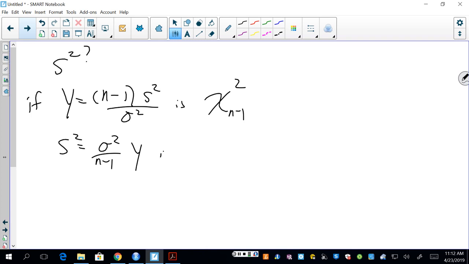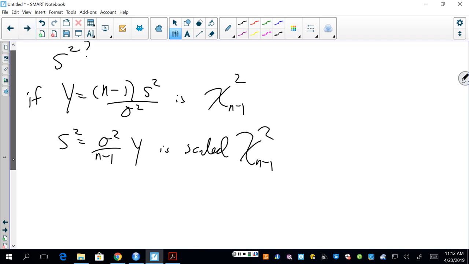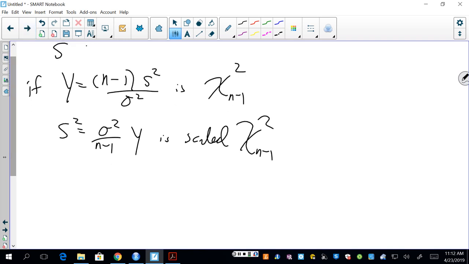This thing has a distribution that's called a scaled chi-square, where the multiplication factor is this. So that takes the general form of the chi-square, that kind of skewed curve, and spreads it out according to how it would be for that distribution.